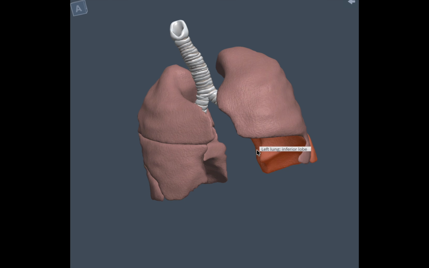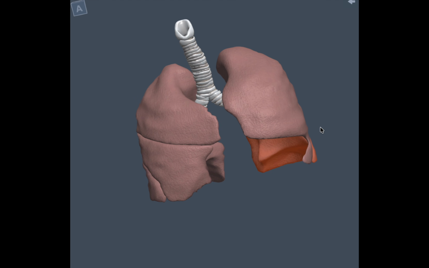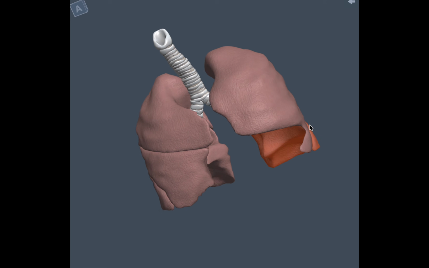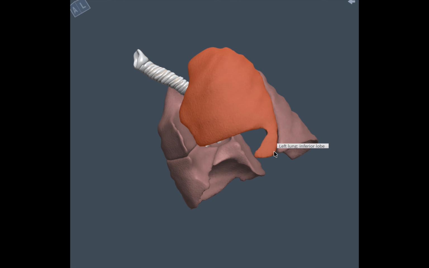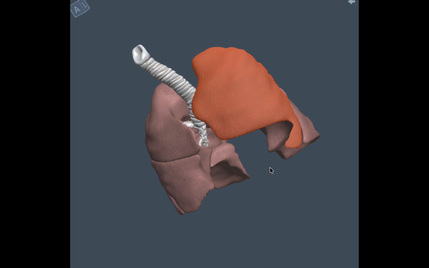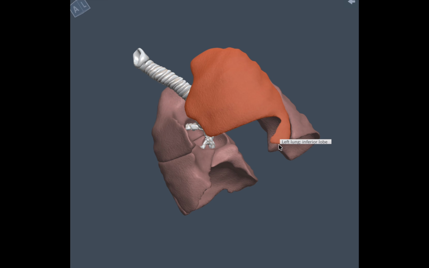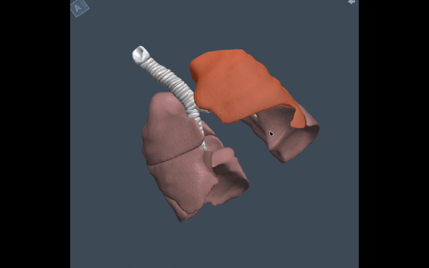This forms the cardiac impression, kind of like a negative space bowl where the heart is. The inferior part of your superior lobe is going to form this tiny little tongue-like projection. We're calling this the lingula. Now, this is the left lung's equivalent of a middle lobe, but since the heart's taking up so much space, we're left with this tongue-like structure.